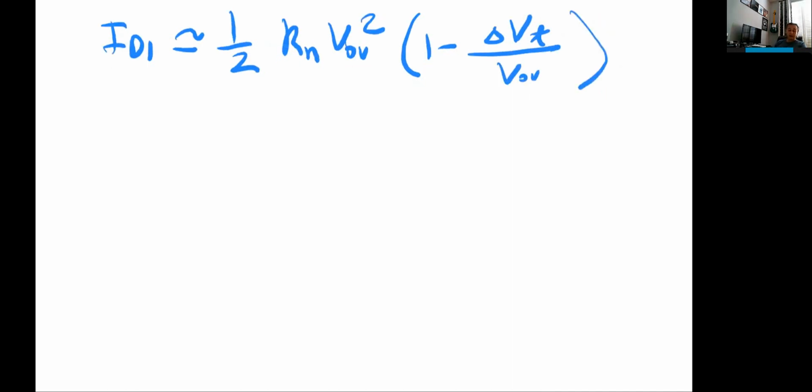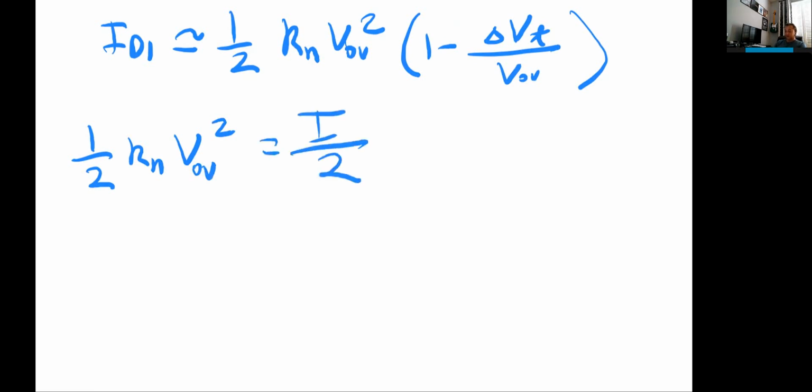And then what happens is that the quantity 1/2 K times the overdrive voltage squared is the drain current. So remember that we're looking at 1/2 the differential input pair. So it's the bias current divided by 2 because the inputs are 0, the gates are tied to ground.